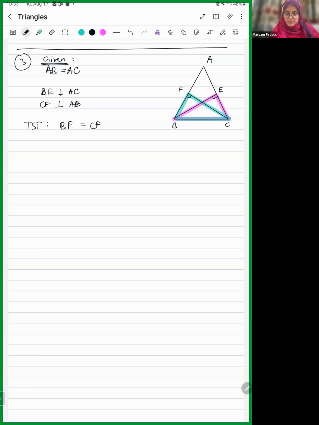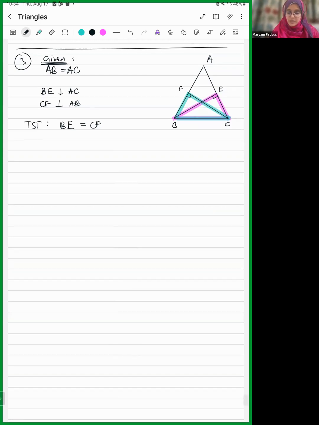EC equals FB because AB equals AC. AB equals AC, but EC is not half of AC because BE is not a median, so E is not a midpoint. So we can't use that. Then what else? FC is equal to EB. Ma'am, that is what we have to prove. That's what we have to prove.